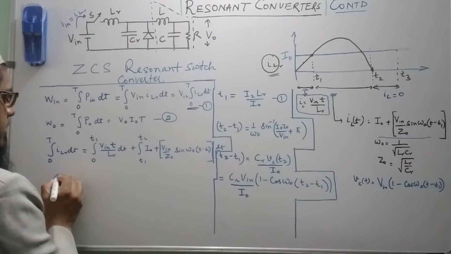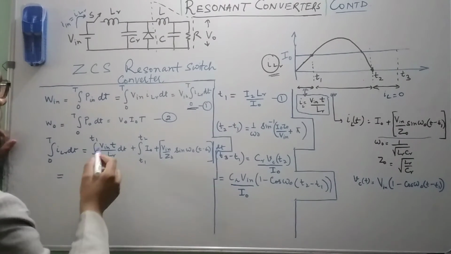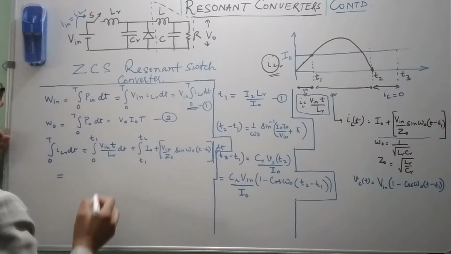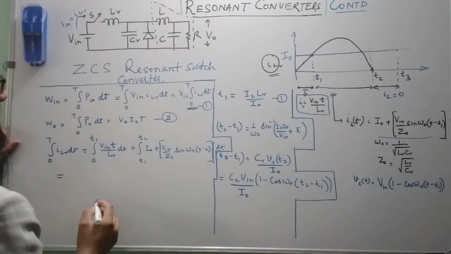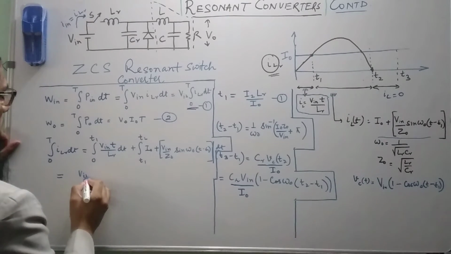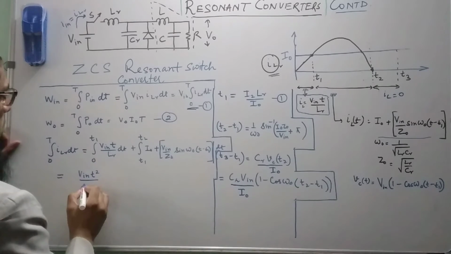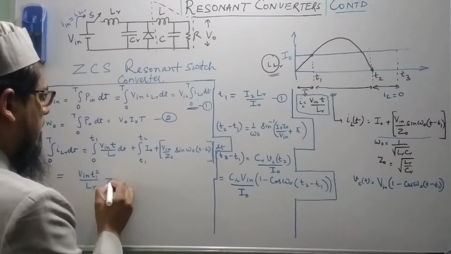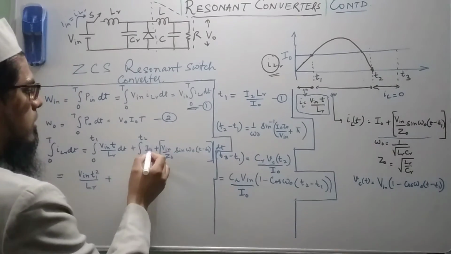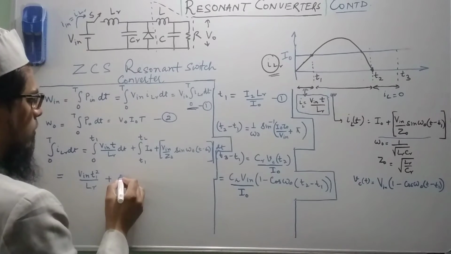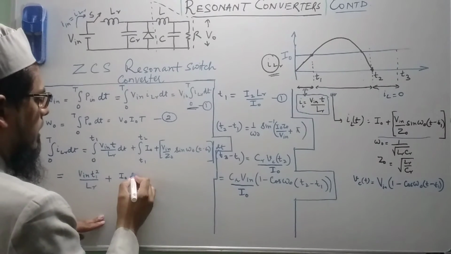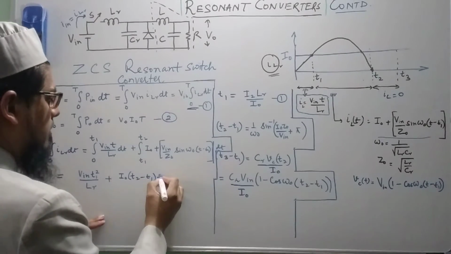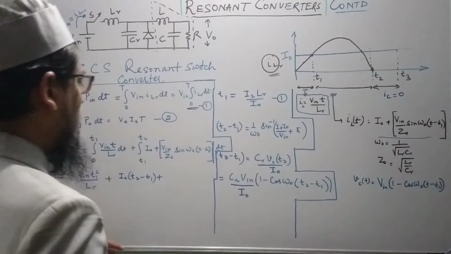Let me simplify it. So, this can be written as, now this integration is simple since this is a linear variation of t. So, it will be given by V in t square by LR, rather it will be T1 plus, now this part again of integration is simple. So, it is I naught times T2 minus T1 plus, now coming to this part.